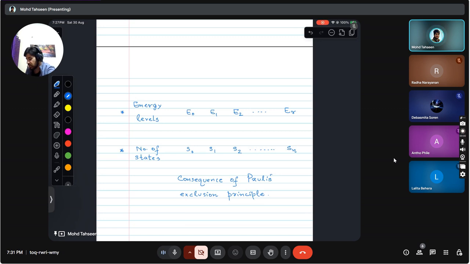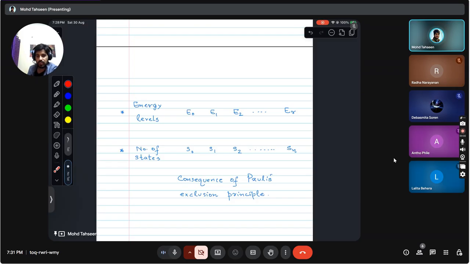So all that we are going to comment for now is that there is a limit on the maximum number of particles that can be put there, and I'm not going into greater detail about what that limit corresponds to, because that will depend on the type of fermion we are dealing with. For electrons it will be 2, for some other fermions or hypothetical particles it could be anything, but there will be a limit.